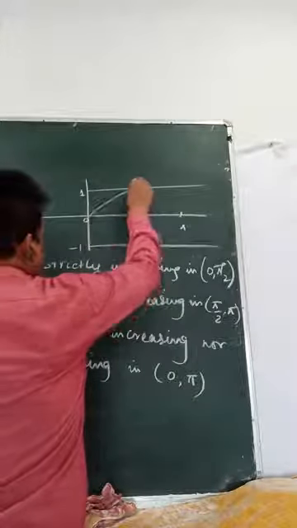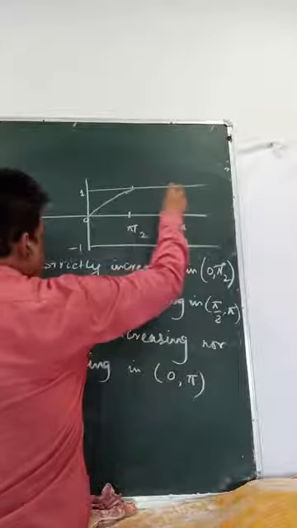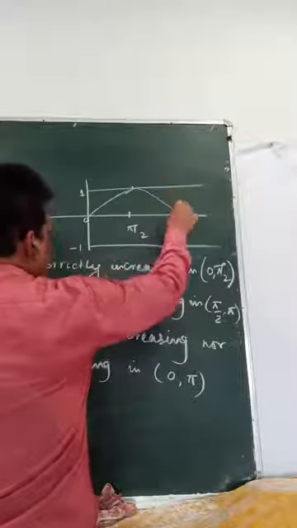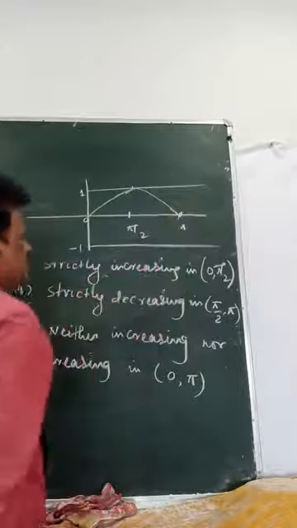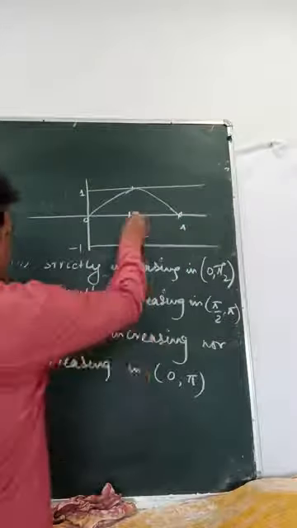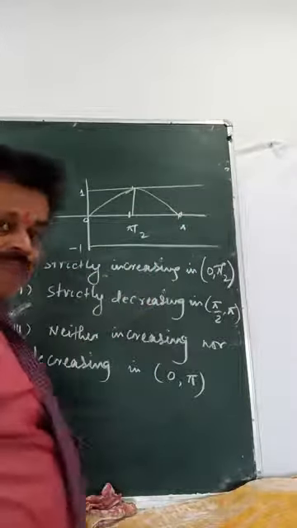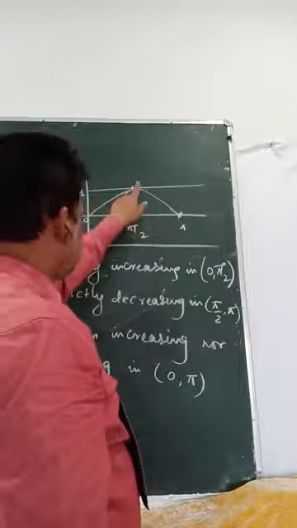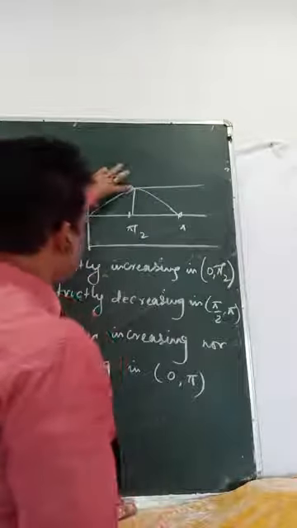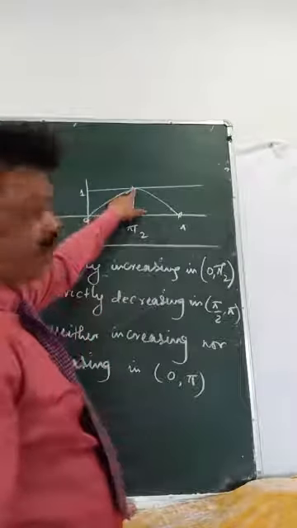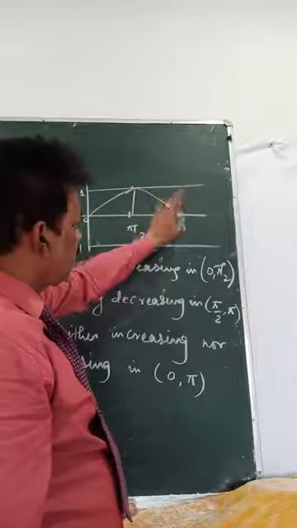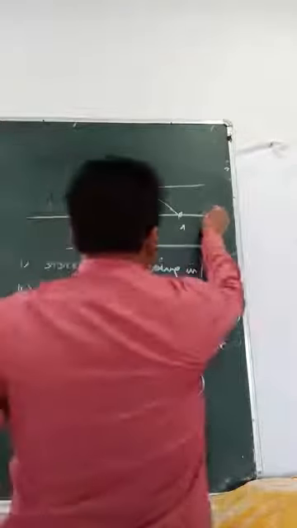The graph goes like this, then again comes down to 0. If you divide this graph into two parts, in the portion 0 to pi by 2 the graph is increasing, and from pi by 2 to pi you can see the graph is decreasing. This is the concept based on the graph.